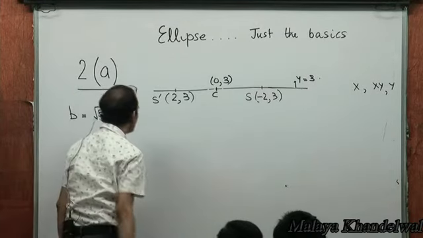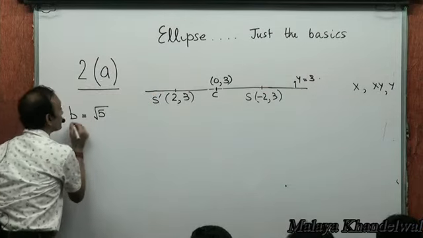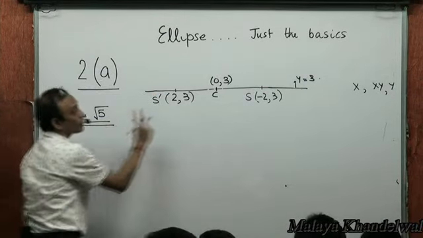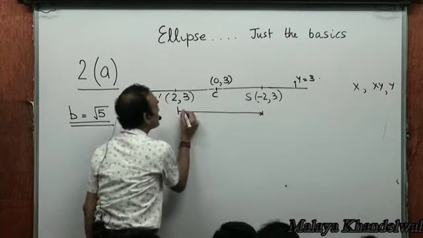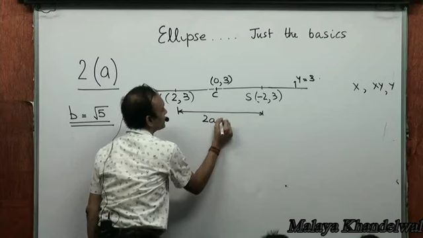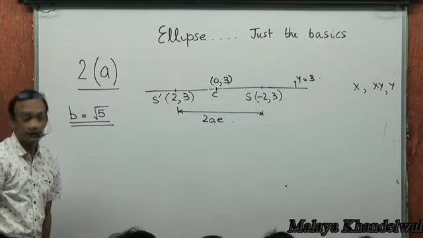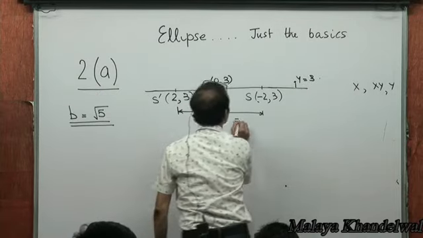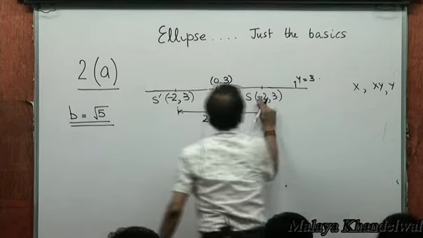Now, this ellipse would have b equal to root 5. Realize the difference between the two foci. The separation between the two foci is 2ae, and that's very clearly equal to 4 units. Let me call this minus 2, let me call this 2.